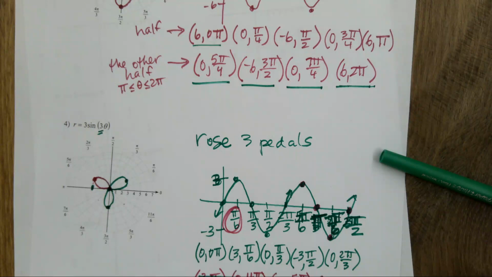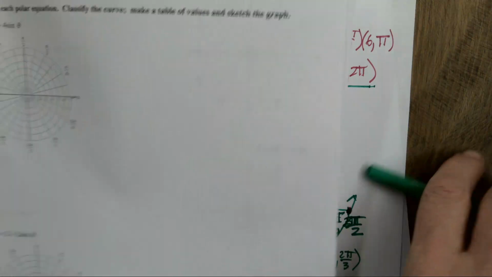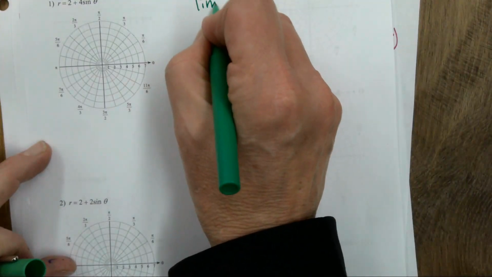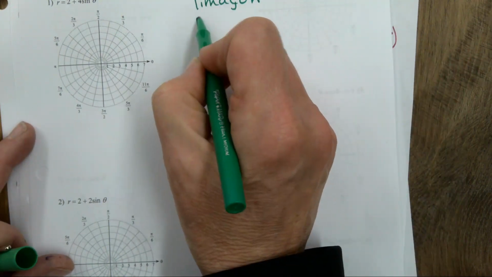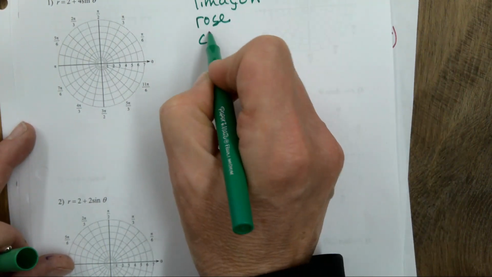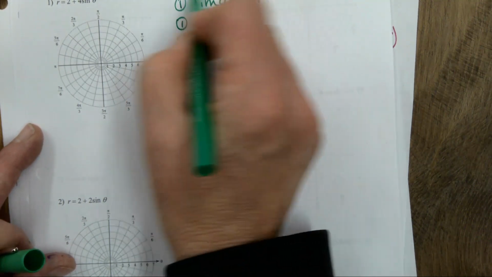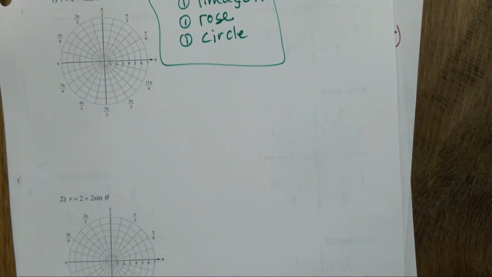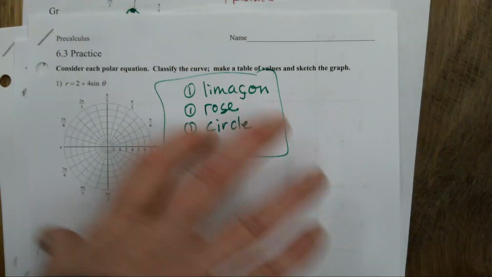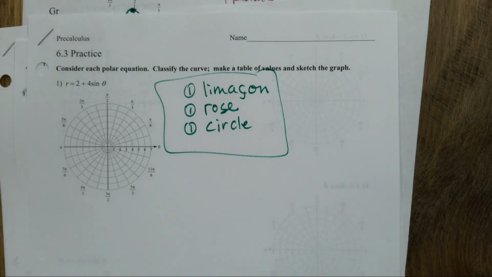What I want you to do is find one limacon, one rose, and one circle, and graph them. Find and graph. Of the 7 graphs, you're not all maybe going to do the same ones, but I want you to find just 3 graphs to do: 1 limacon, 1 rose, 1 circle.